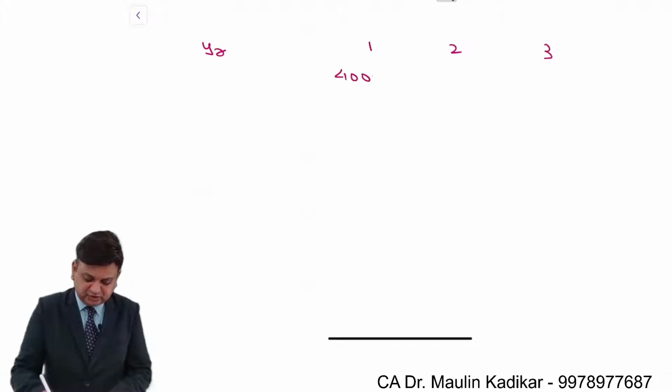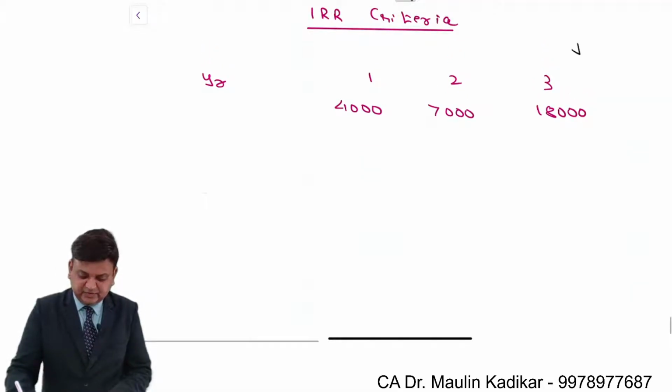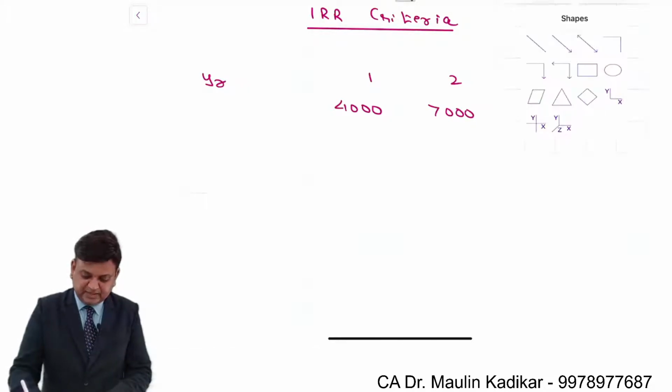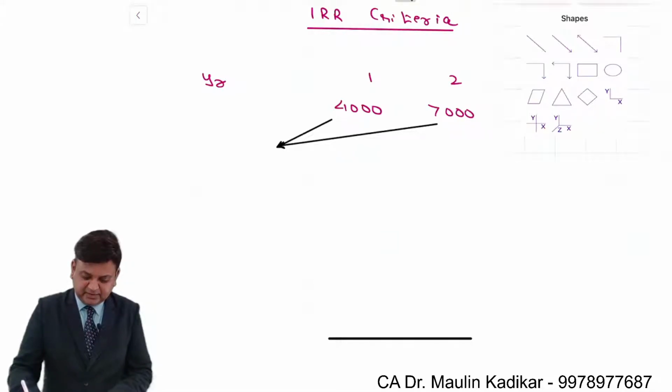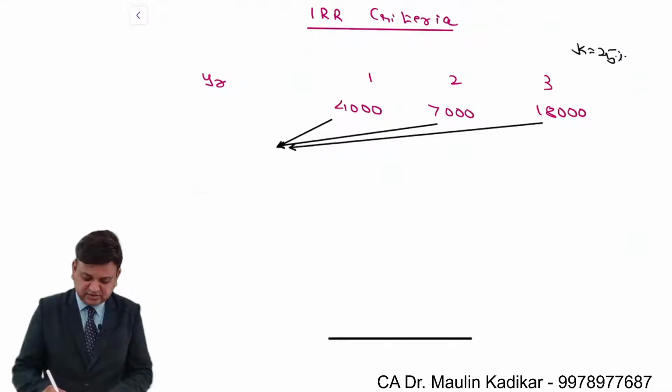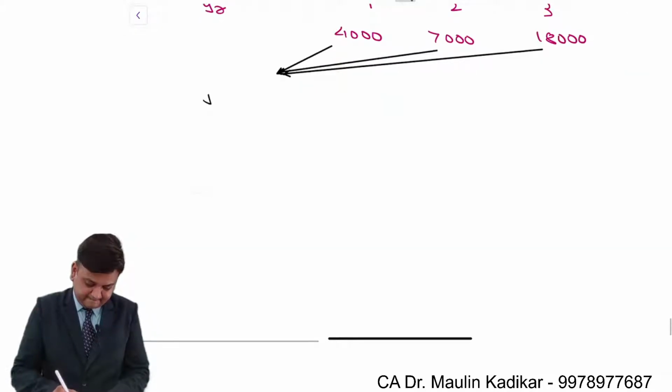Cash inflow is 4,000, 7,000 and 18,000. Let us say the discounting rate is 25%, and based on that we compute the present value of the cash inflow, which is an amount of 16,896.